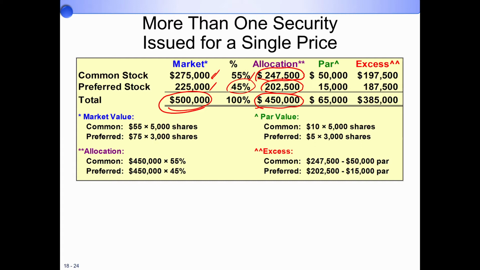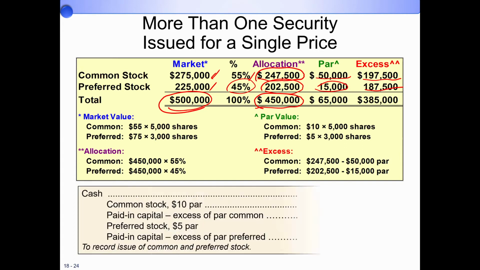Okay, and then you subtract whatever the related total par value is. Then you get the paid-in capital in excess of par value. Okay, so that is the journals. So that one we stopped here last time. And just keep in mind, if you issue multiple securities, this is one way.